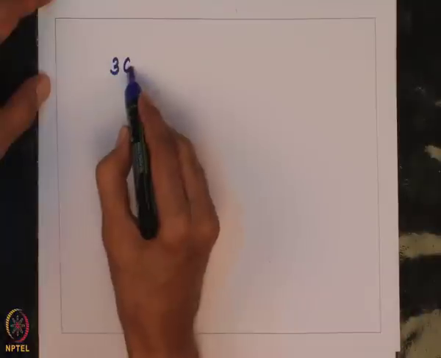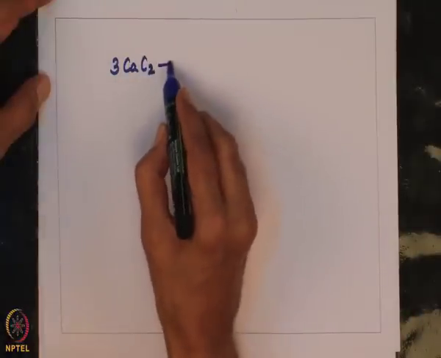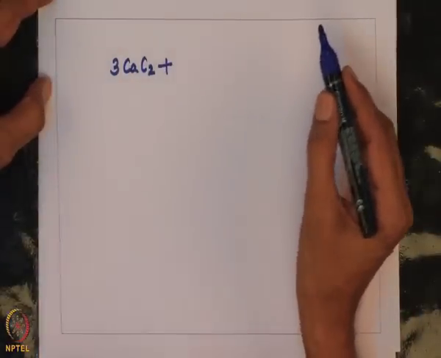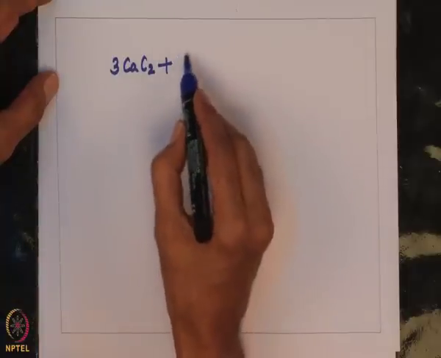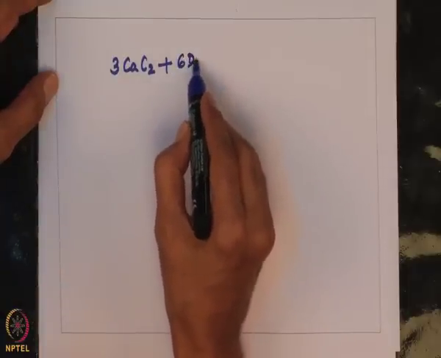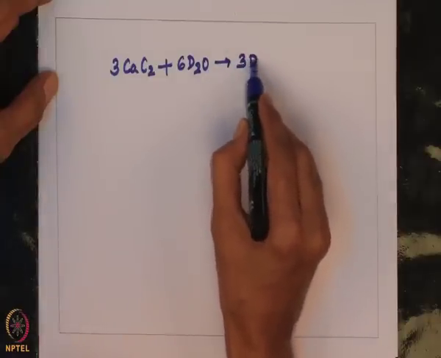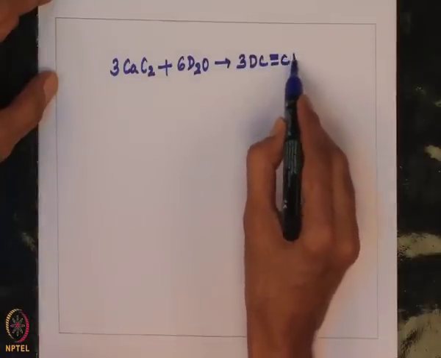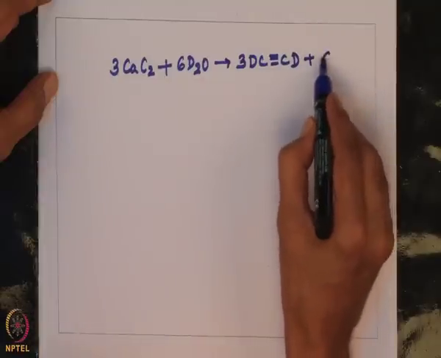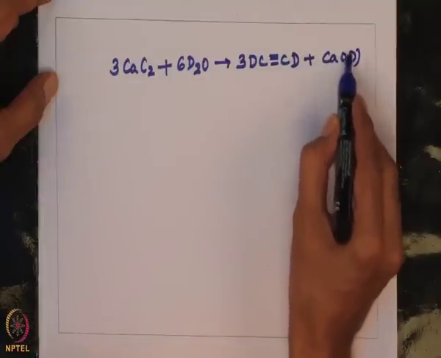If you want to prepare deuterated reagents for some organic synthesis, analysis and other purposes, one can generate them conveniently starting from D2O. For example, we know that calcium carbide, when it is treated with water, undergoes hydrolysis. So, calcium carbide, when it is treated with D2O, forms deuterated acetylene, of course, along with the formation of calcium hydroxide.